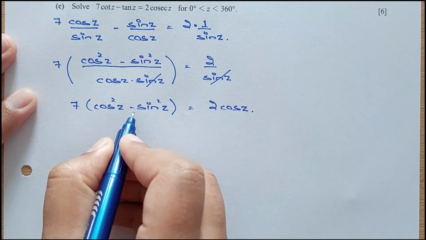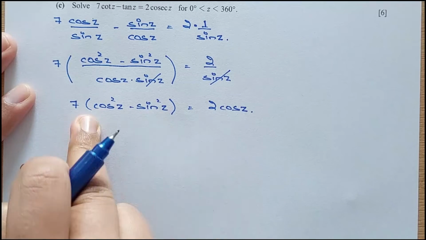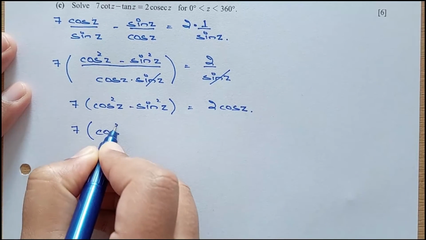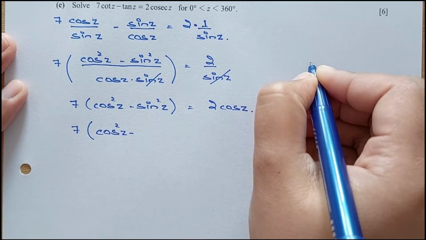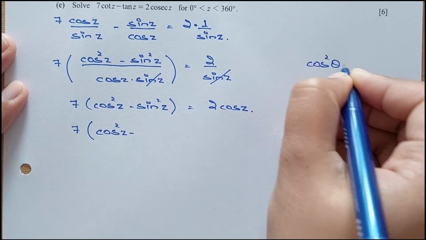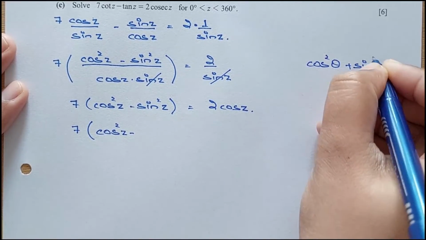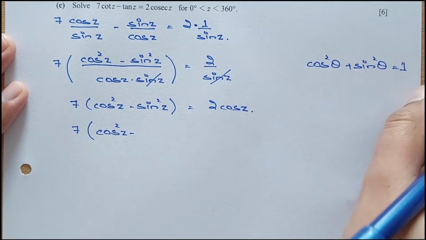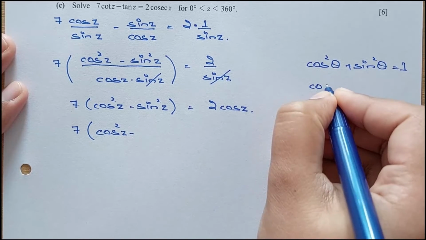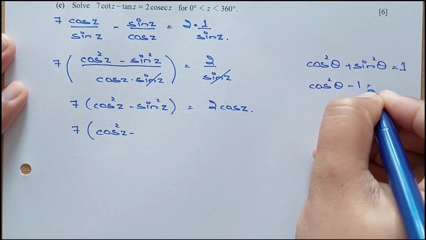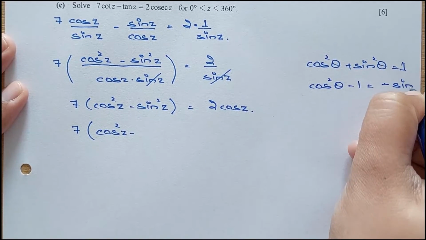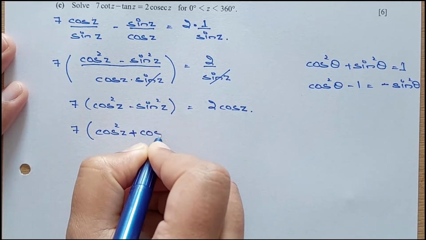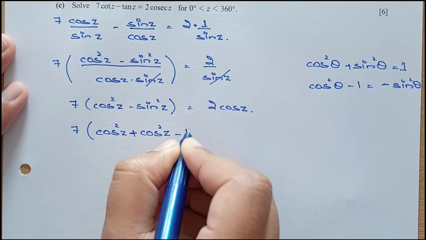Okay, now let me convert the whole equation into cos. So 7 cos square z minus sin square z. We know that cos square theta plus sin square theta is equal to 1, so minus sin square theta is cos square theta minus 1.